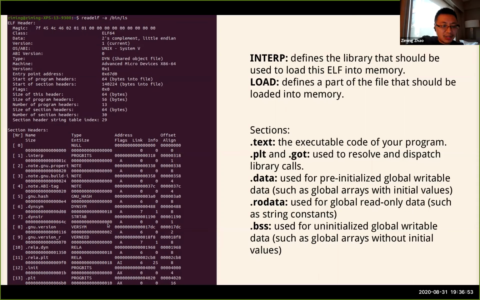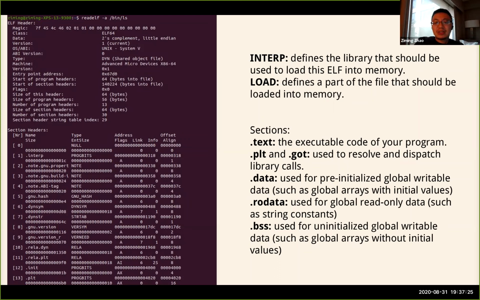Then there are PLT, as you can see, and there is the GOT, global offset table. Those are used to resolve and dispatch to other binaries. With dynamic linking, you want to call a function that is not part of your binary, because it is dynamically loaded into memory by the loader, and that library could be shared by multiple programs.